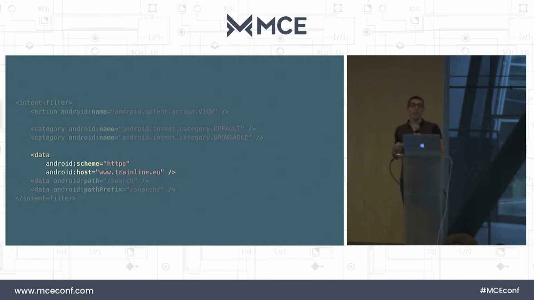And then comes the data tags. The data tags are basically what defines the URLs that you want to catch. So in our case, we wanted to catch the HTTPS scheme, so we used only the scheme XML attribute. And then we want to catch the host, which is www.trainline.eu.